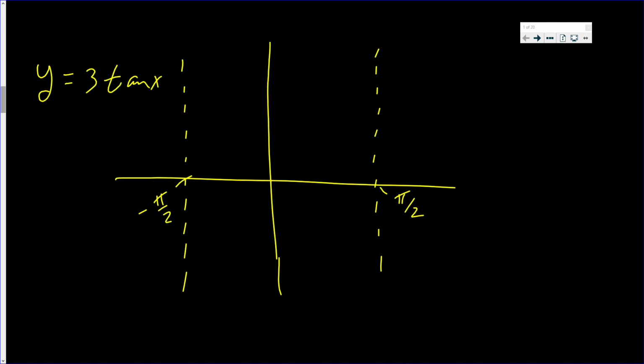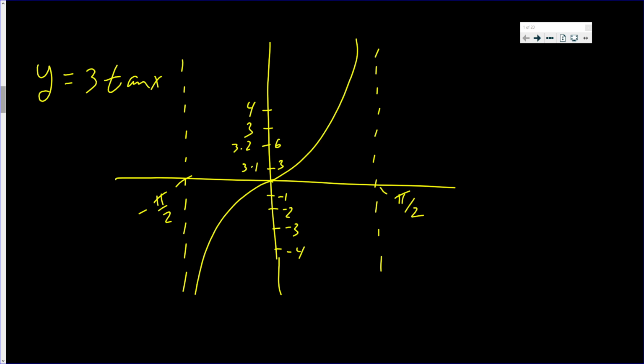And this here is tangent x, where maybe the scale is 1, 2, 3, 4, etc., and negative 1, negative 2, negative 3, negative 4, etc. That's for tan x. For 3 tan x, you get 3 times 1, which is 3, 3 times 2, which is 6. That is, the y's are just 3 times higher.